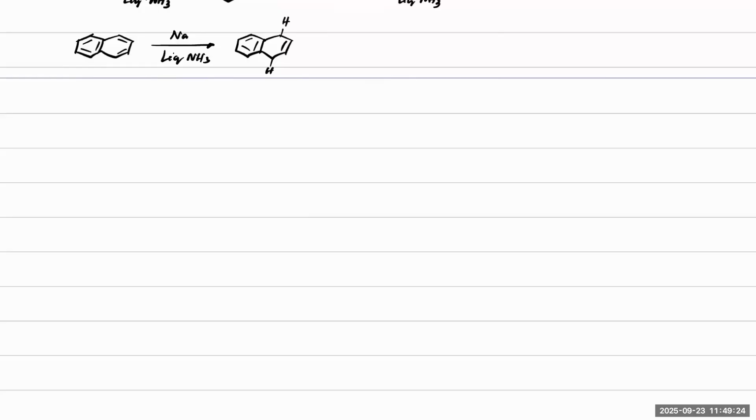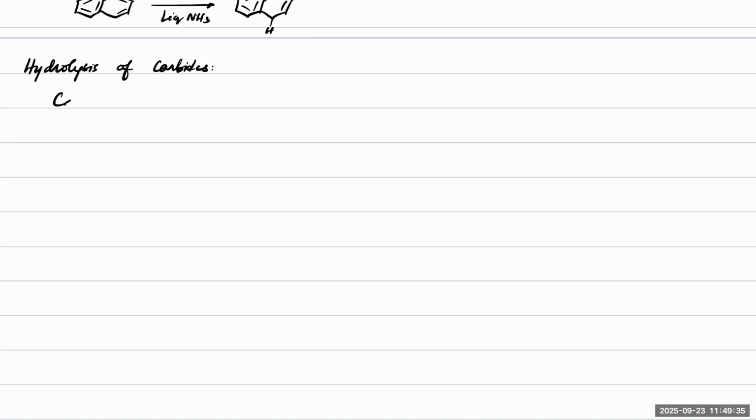Right, next, if you notice, hydrolysis of carbides, that includes calcium carbide on addition with 2 moles of H2O, so that will convert into calcium hydroxide and C2H2.